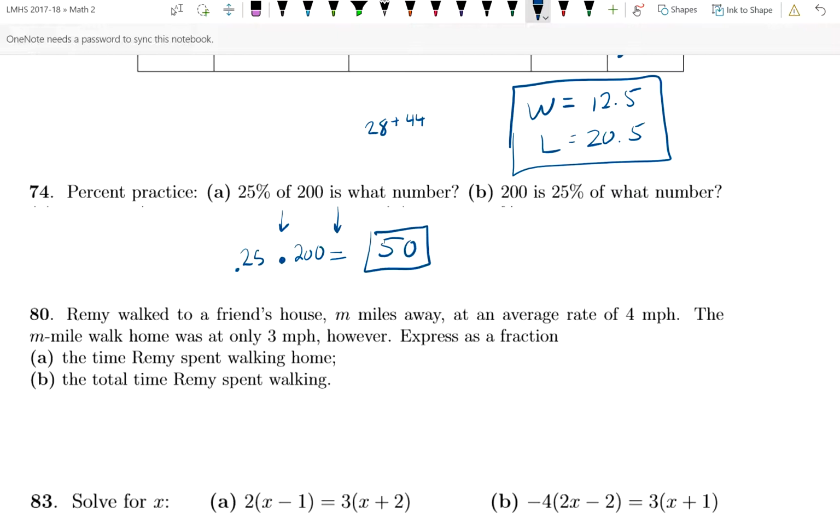It's not too bad when you have one that's a straight across thing like that, but on something like B, where it's 200 equals 25%, 0.25, times, of means times, what number? X. Now we can divide, right? What are we going to divide both sides by?